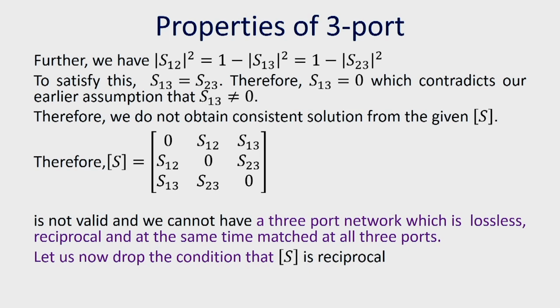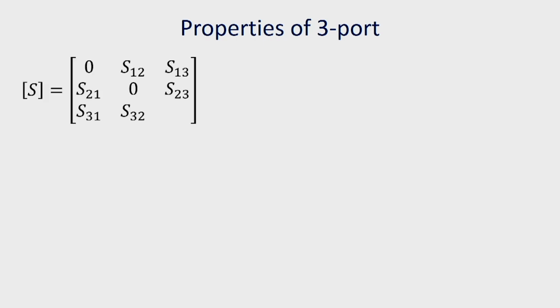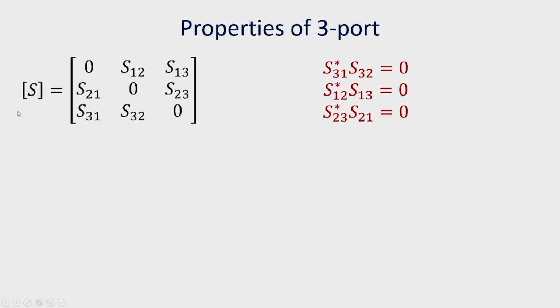Once we drop this condition, we get this form of S matrix, and if it represents a lossless junction, then by the properties of the S matrix we will have S31 conjugate S32 equal to 0, S12 conjugate S13 equal to 0, S23 conjugate S21 equal to 0.